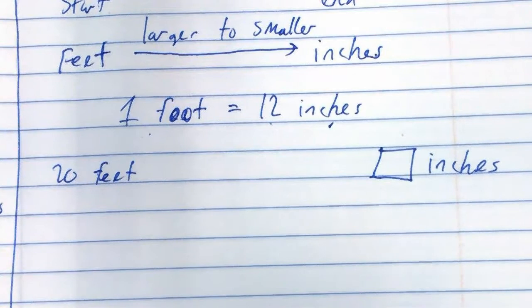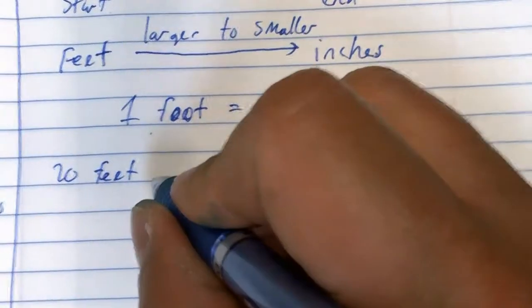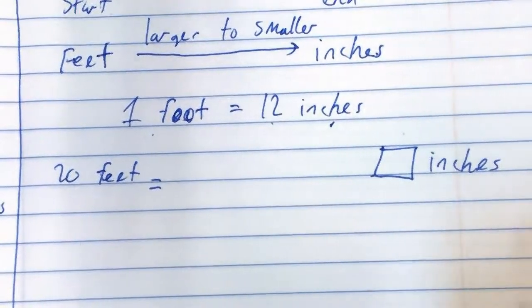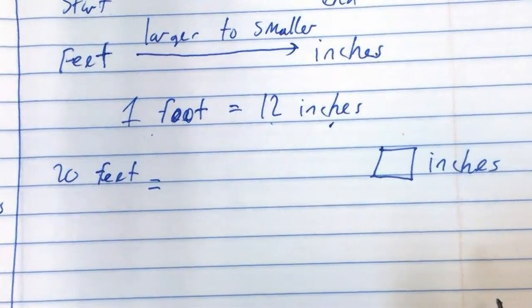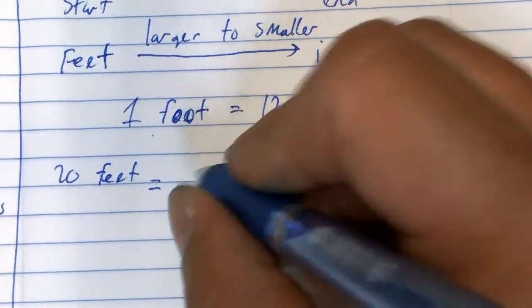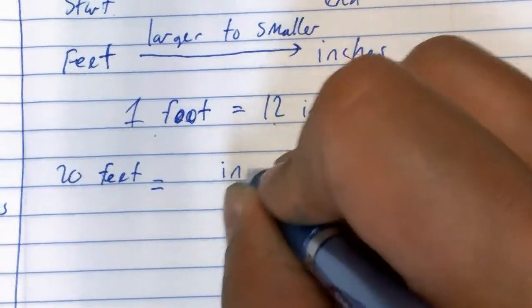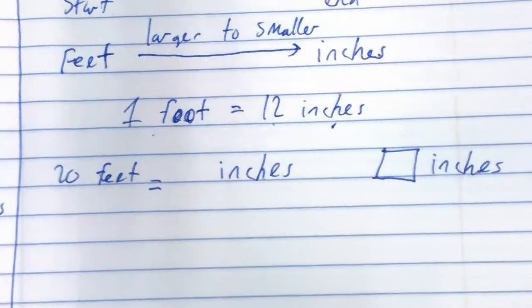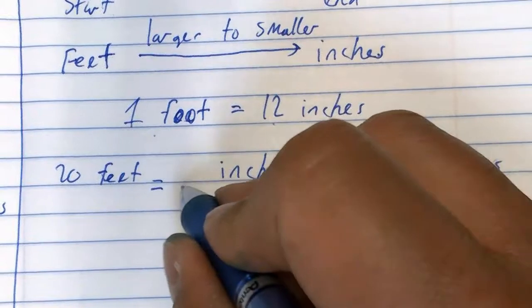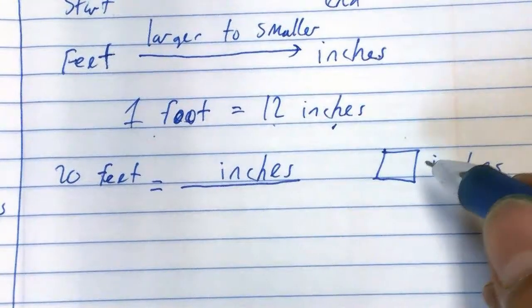All right. Now, here's the crazy part. This is about ratios, right? 20 feet, we know it's the same as, well, you want to go to inches, so the unit for inches has to be on top. That's what we want to have, okay, inches. Bear with me, you'll see why in just a moment, okay?